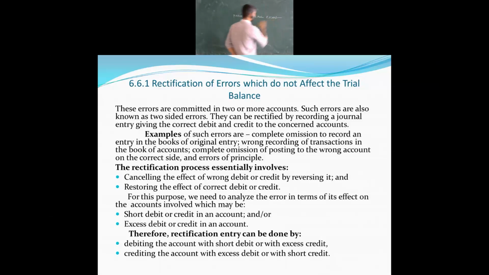Now if you miss this entry, this is what a complete omission is. One transaction you are totally skipping. Partly, you may have passed the journal entry, made this journal entry, and not posted it to the ledger account.